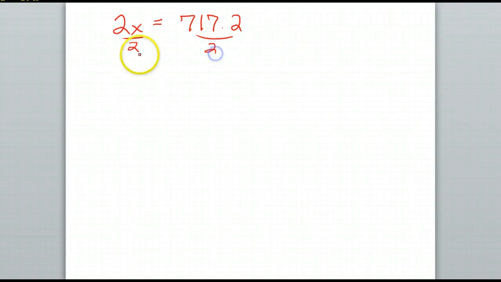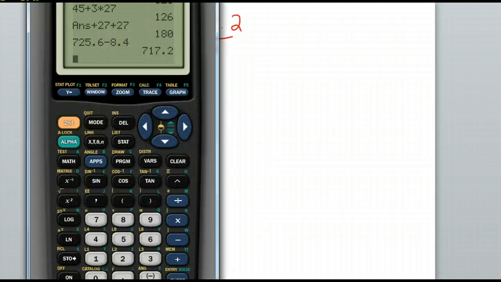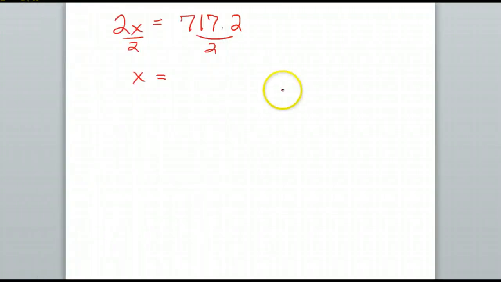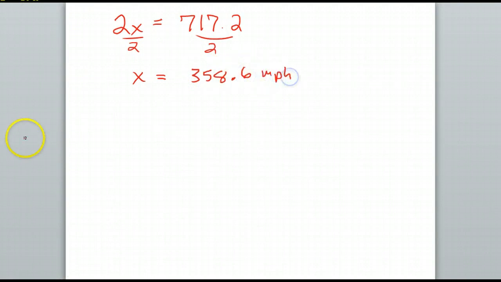That's 2x equals 717.2, and then divide both sides by 2. And I get x equals 717.2 divided by 2, 358.6 miles per hour. And what is that?